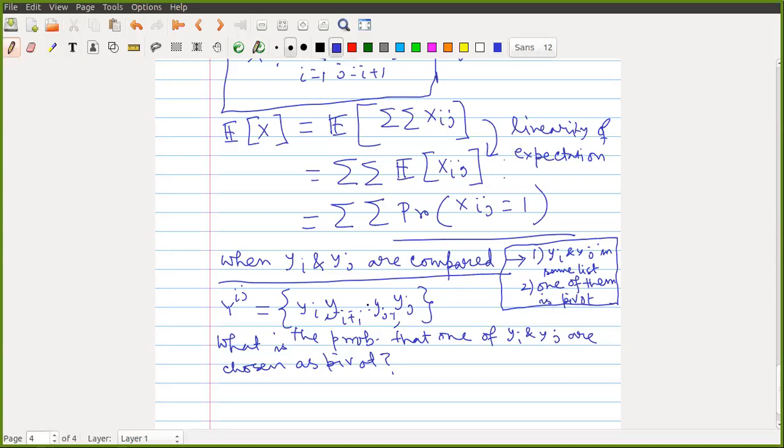Because we are considering these Y's in sorted order. If it is sorted order, why are we picking Y_i or Y_j as pivots? Before sorting, you have to pick the pivot, in order to sort the elements.